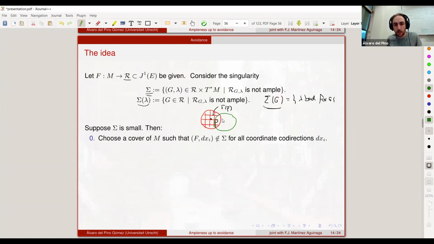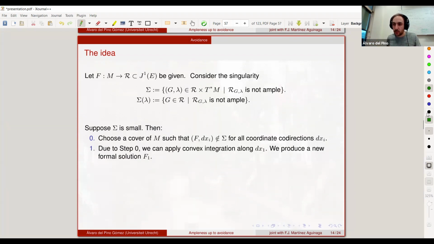Let's say your manifold is compact, so you have a finite cover by good codirections. Now in principle, you're a happy person, but not for long. Because you are like, oh, great, since due to step 0, dx1 is good for F, we have ampleness. So I can apply convex integration once and correct the first derivative of F.